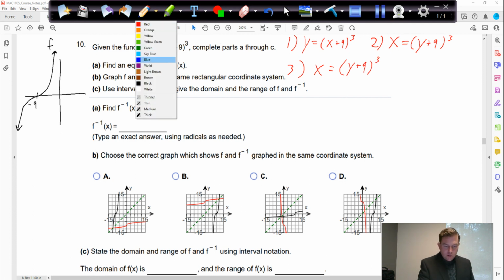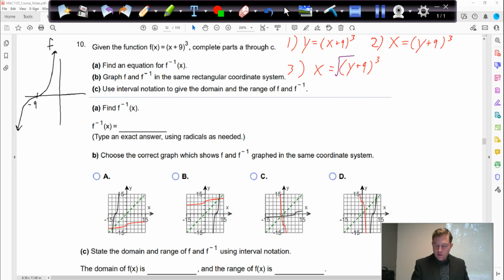To undo a third power, we're going to take a third root. But if I take a third root of the right, I have to take a third root of the left. Now, we don't add plus or minuses when this root is odd. I did in the last problem because the root was even, it was 1/2. This is 1/3 or 3, which is odd, so I don't need a plus or minus here.